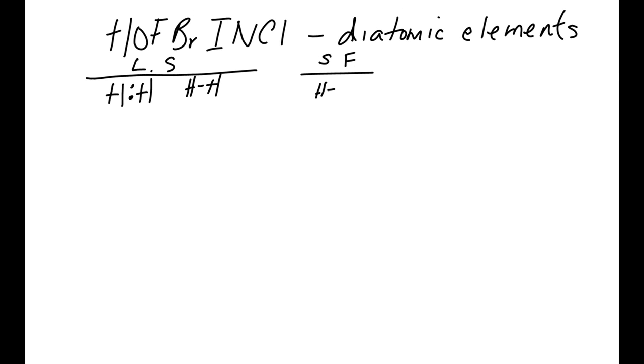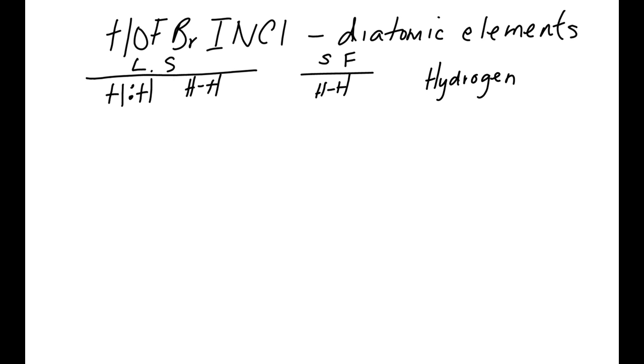H-H. So structural formula just shows the bonds, not the lone pairs of electrons, which there aren't any anyway because it's H2, and the name of this is hydrogen. This is actually hydrogen gas. Okay, so hydrogen.